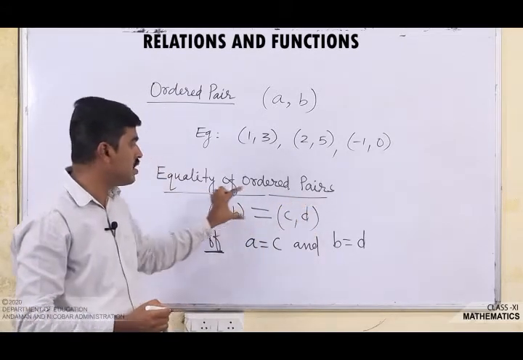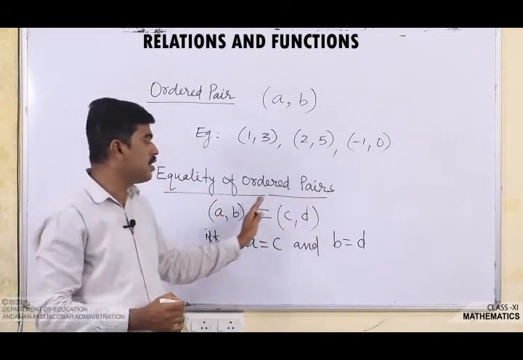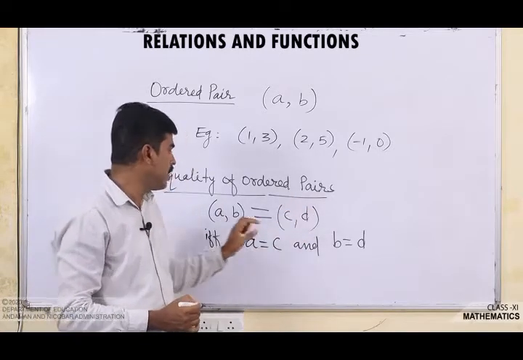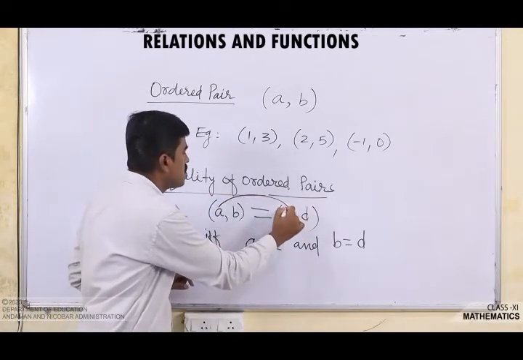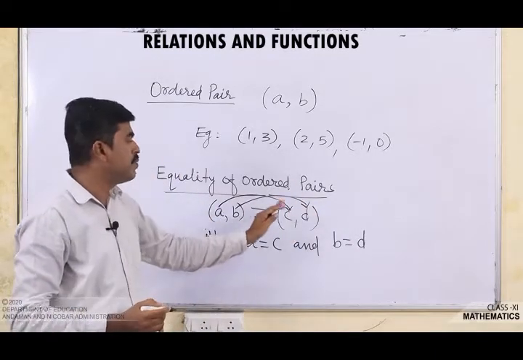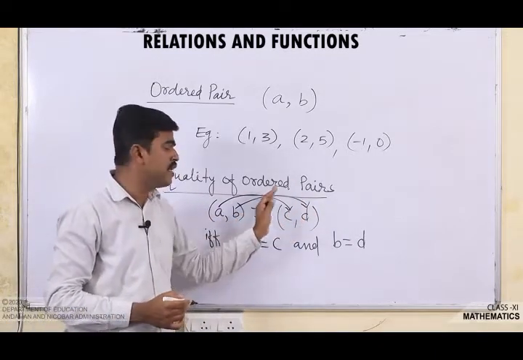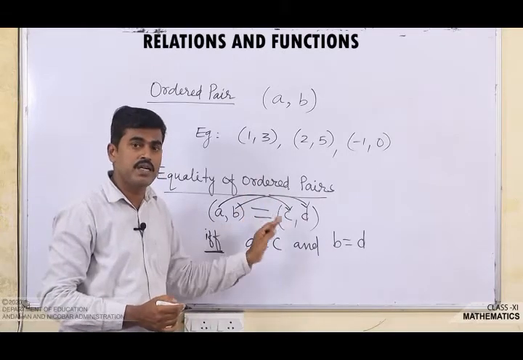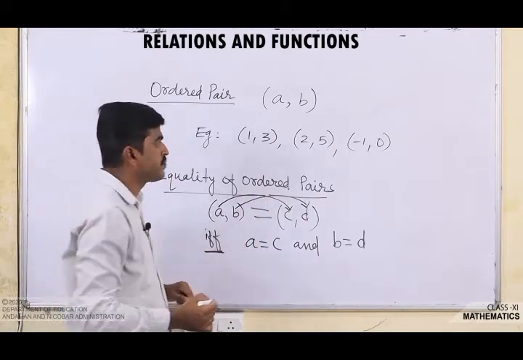If the corresponding numbers are equal, then these two ordered pairs are said to be equal.